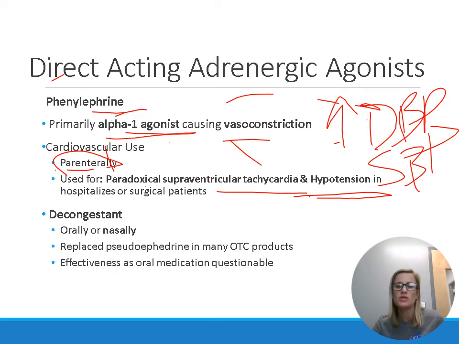It is particularly helpful for hypotension in hospitalized or surgical patients who have a rapid heart rate, right? So it's especially beneficial for hypotension with tachycardia, because it does both. It increases blood pressure and slows heart rate.